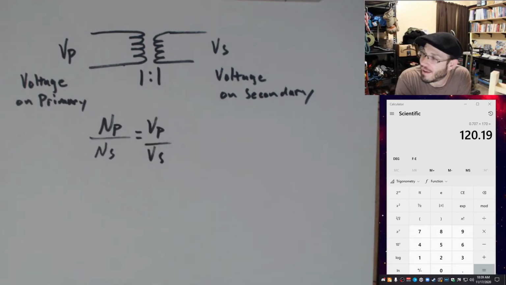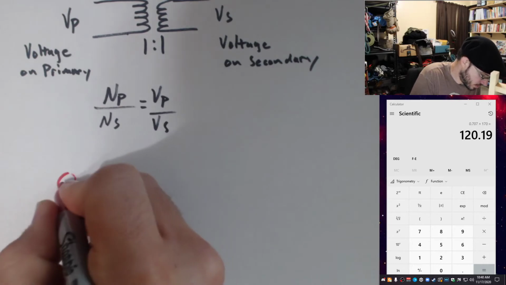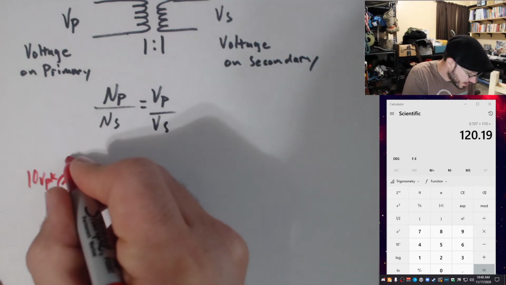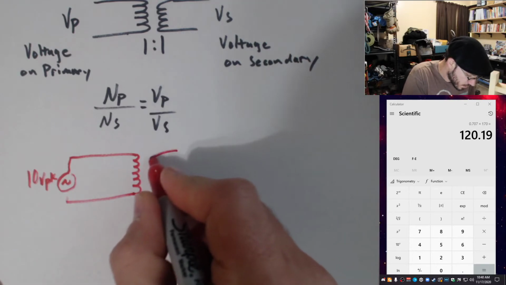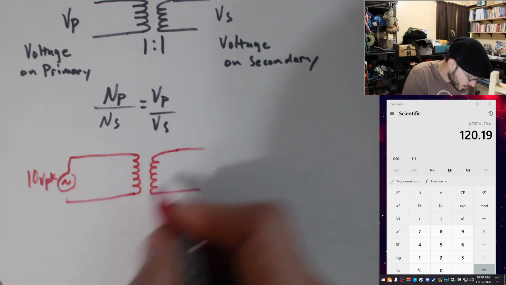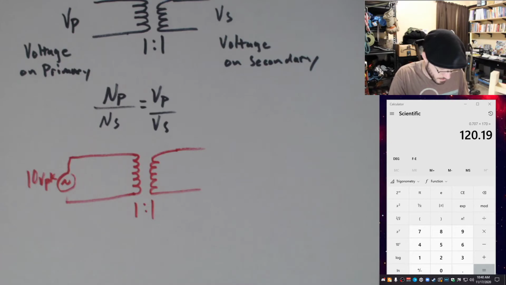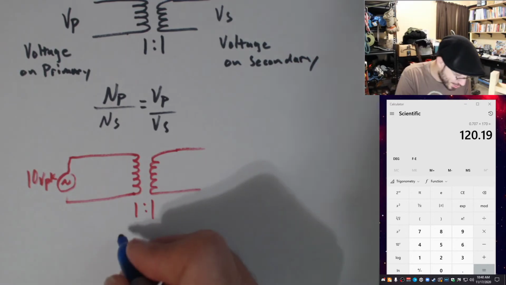In this case, because I have a 1-to-1, if I apply ten volts peak, well, the number of turns on the primary versus the secondary is just 1-to-1.